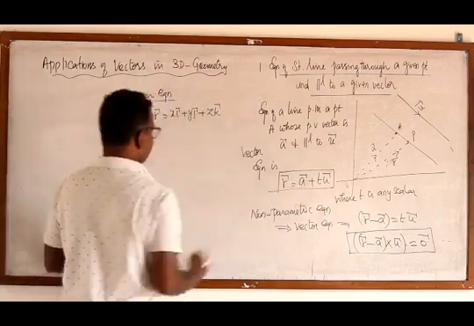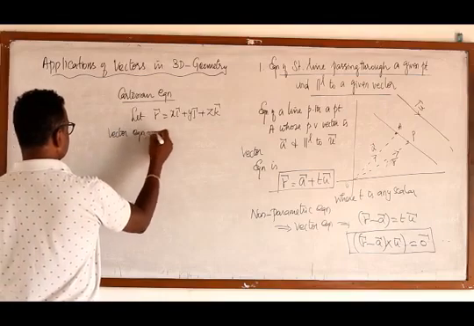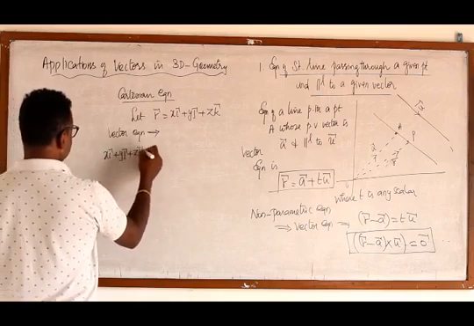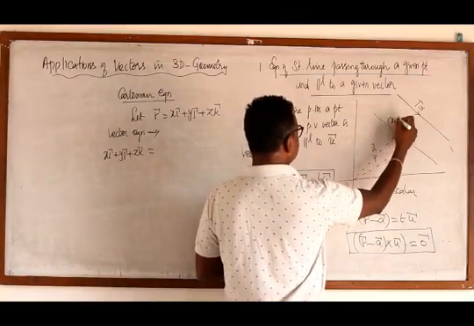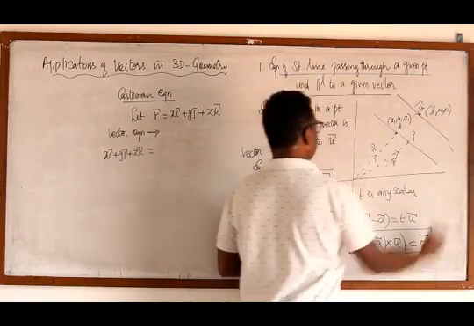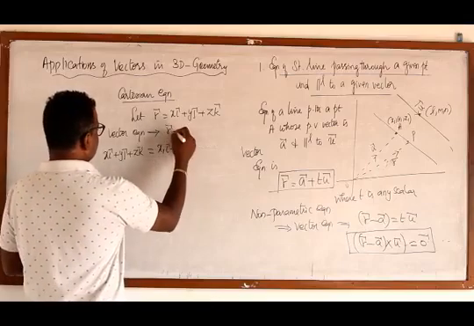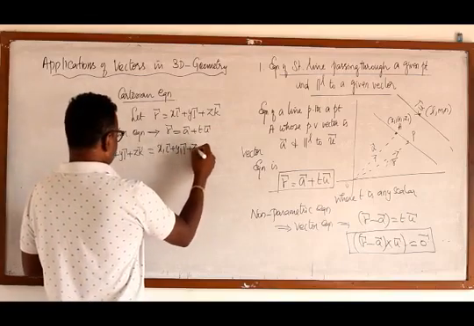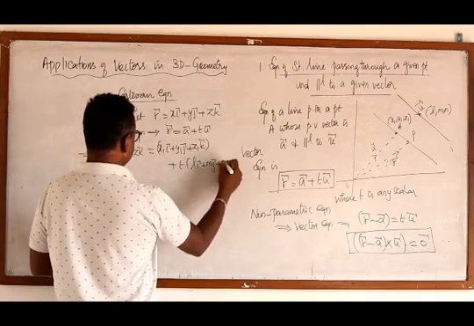Then the vector equation r equal to a vector plus t u vector implies x i vector plus y j vector plus z k vector equal to x1 i plus y1 j plus z1 k plus t into (l i plus m j plus n k), where a is a particular point x1, y1, z1, and u is any vector, which we always refer to by its components.